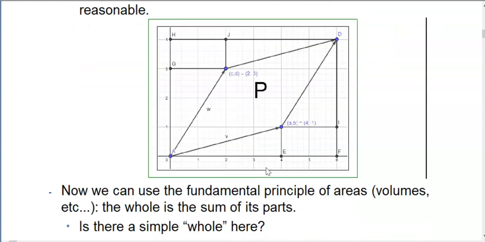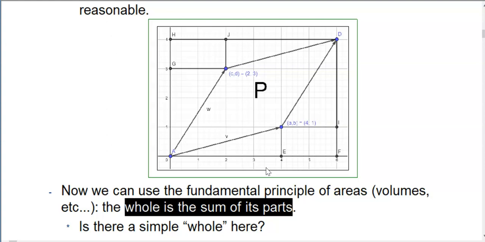The last fundamental principle, besides that when components are given we privilege the axes, and vertical and horizontal segments, is an incredibly important principle of areas, also volumes, lengths, masses, anything that's an amount: the whole is the sum of its parts.